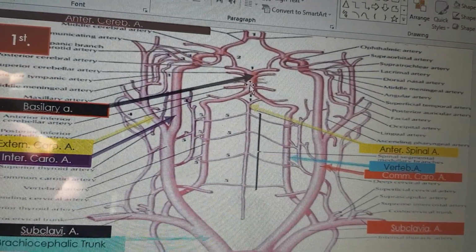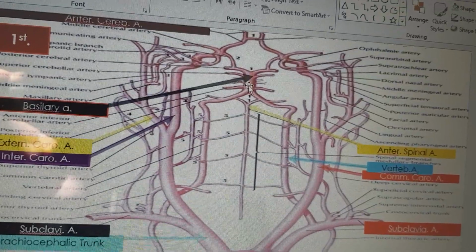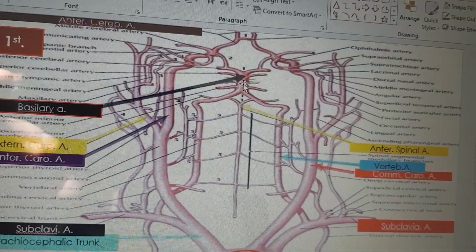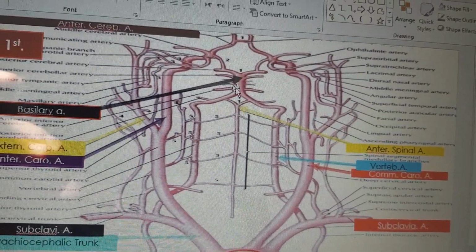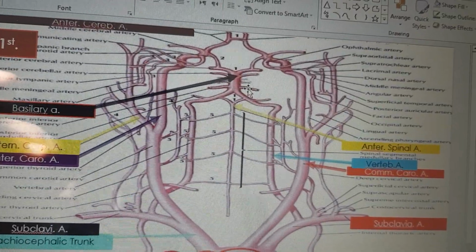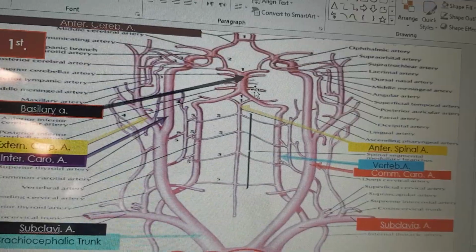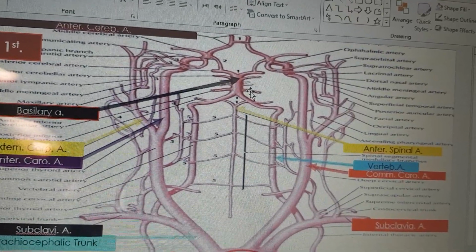The basilar artery is the main artery lying between the pons and the clivus, and giving rise to these branches, which are going to supply the midbrain. The midbrain, if you remember your midbrain, which is the thalamus, hypothalamus, pons, medulla oblongata.